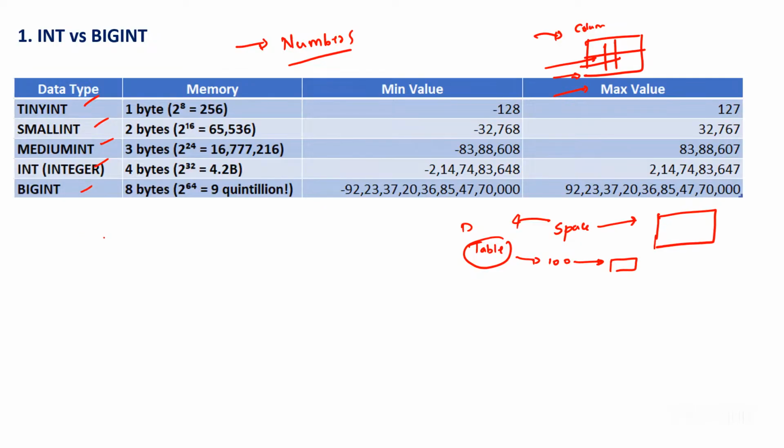So if you are having something like age, and we all know age, can anyone survive more than 200 years? No. Okay, 100? Greater than 100 years? Yeah, rare chances. Okay, 70?